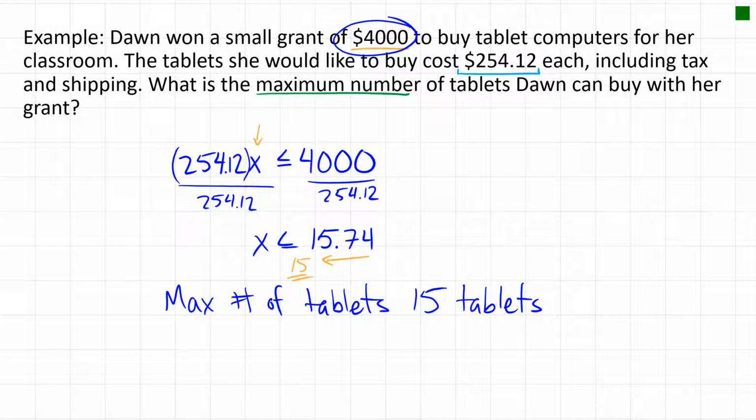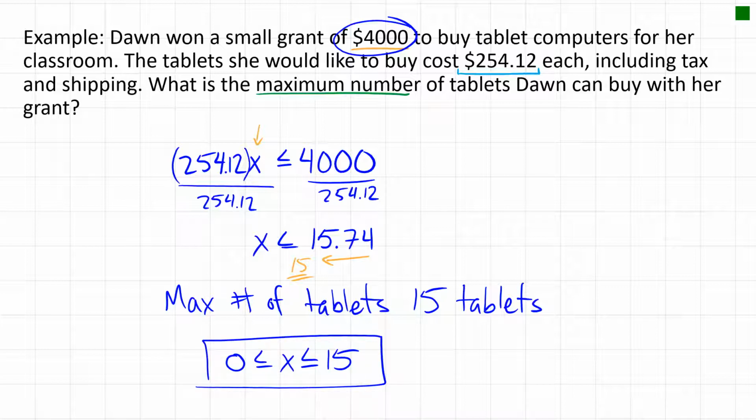In this case, we should also recognize that there's also a lower limit, that Dawn has to buy at least 0, or we should say greater than or equal to 0 tablets, because she can't buy a negative number of tablets. So really, after interpreting the context of the problem, she has to buy between 0 and 15 tablets.